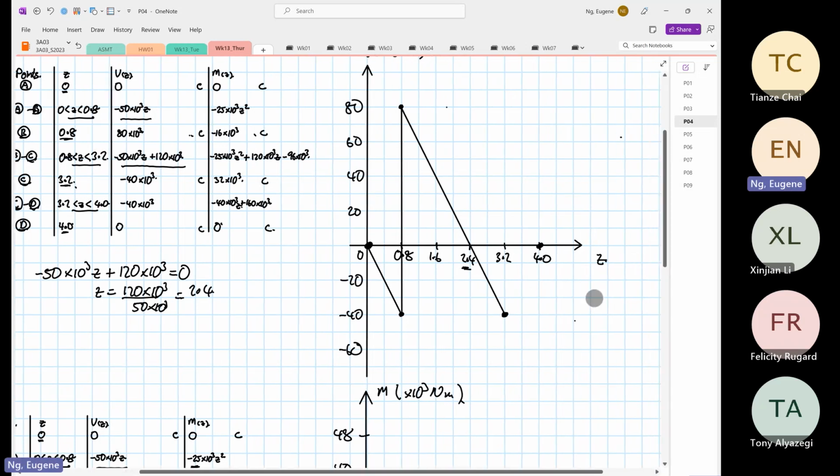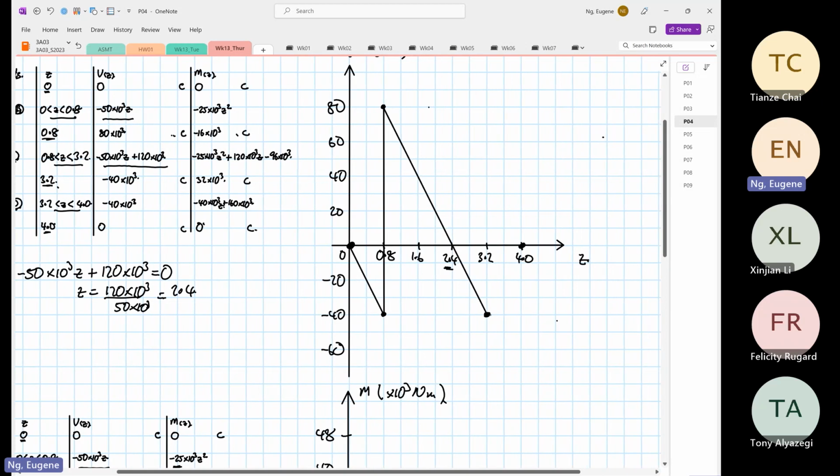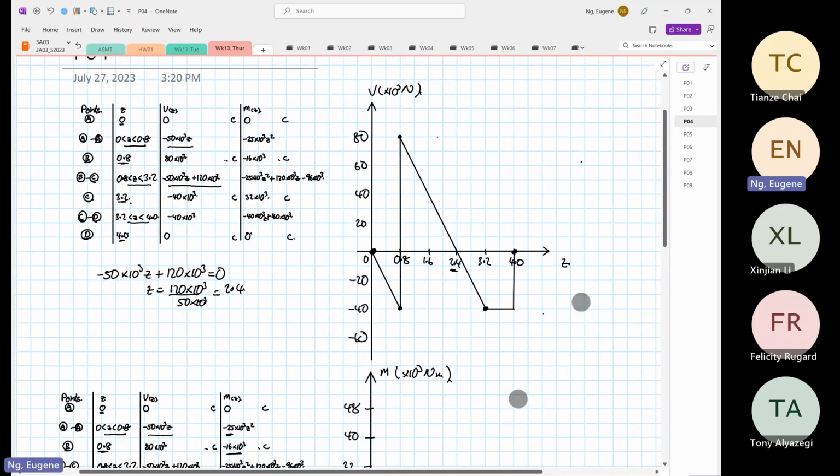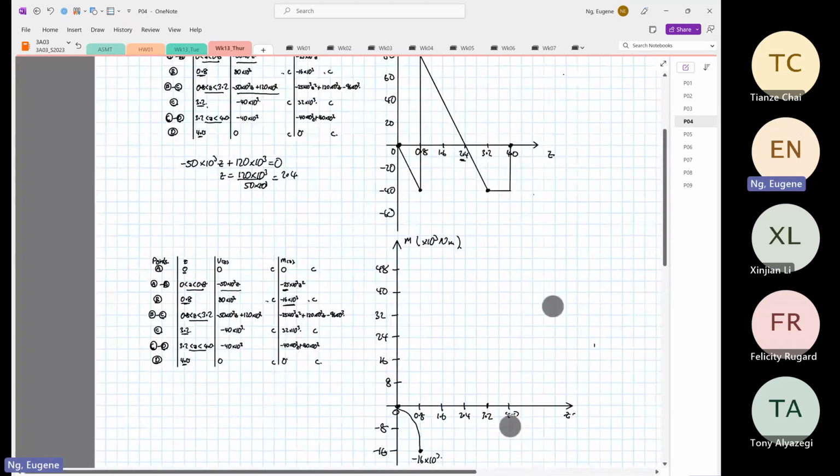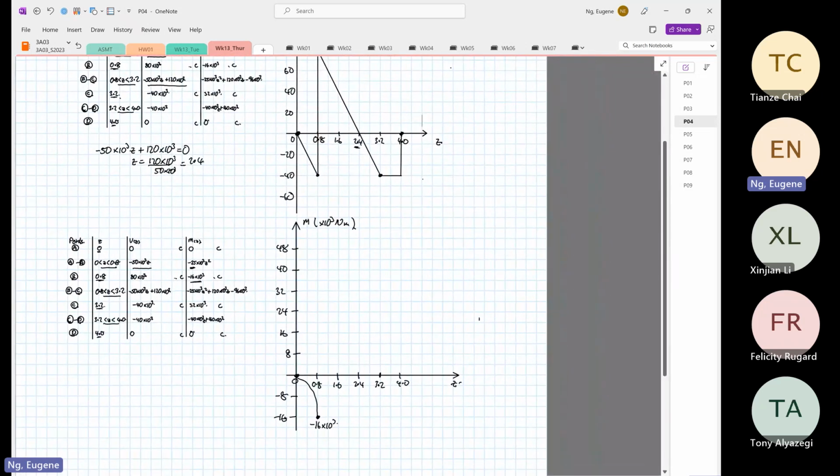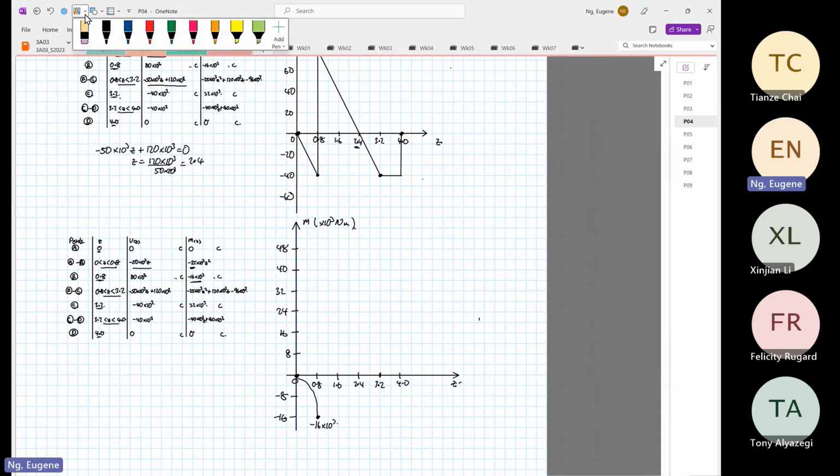Okay. Then I'll finish the shear force diagram. Then you go horizontal, from here to here, and then it goes vertical. Over here, I'd like to translate a few important points that we need to know.